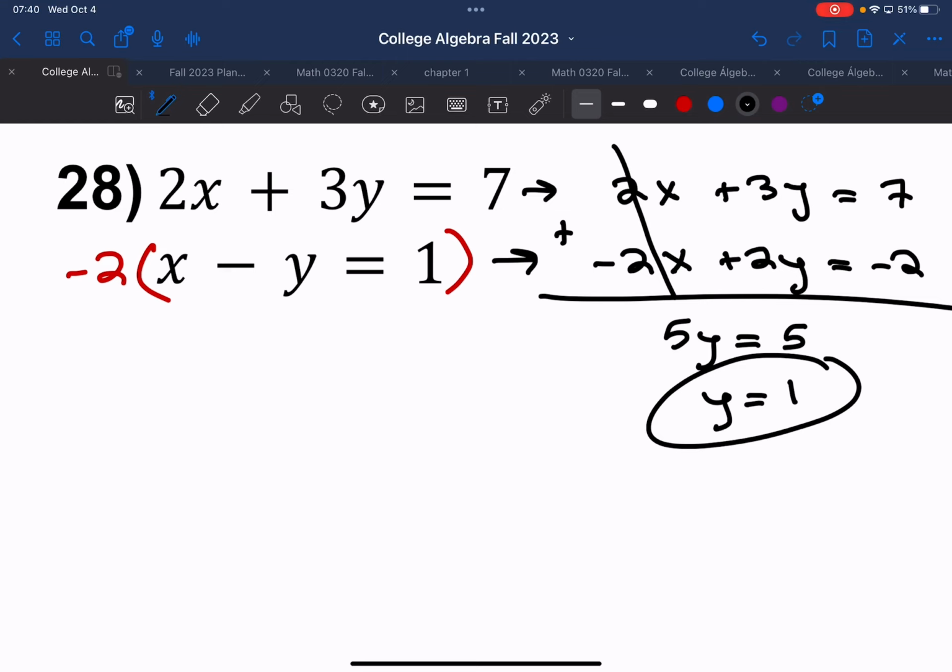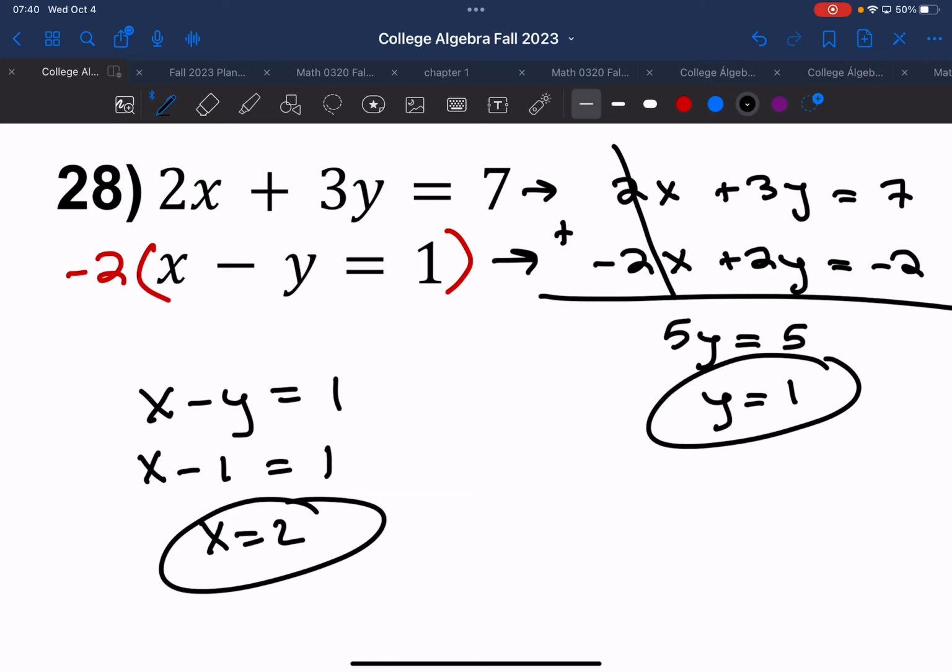Which equation do you want to plug that into to find our x value? The bottom one, because that would be the easiest. So x minus y equals 1. We have x minus 1 equals 1. So that tells us our x is 2.